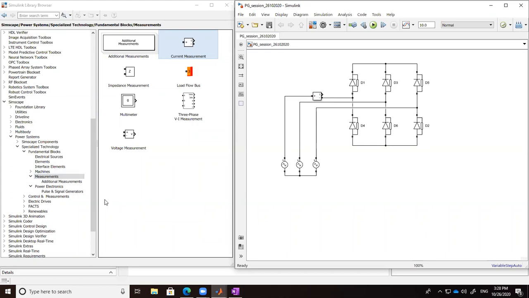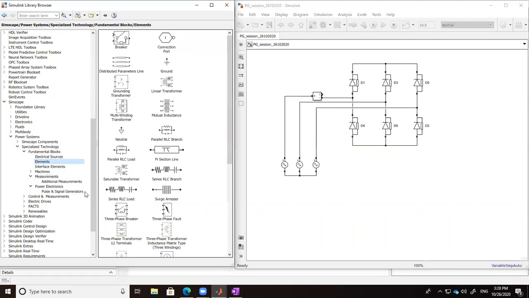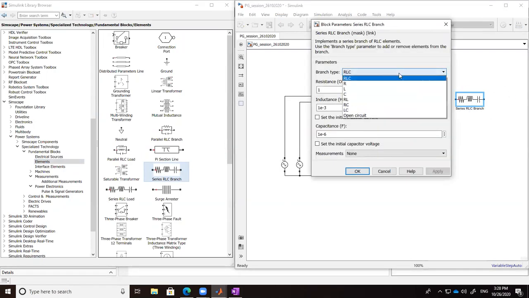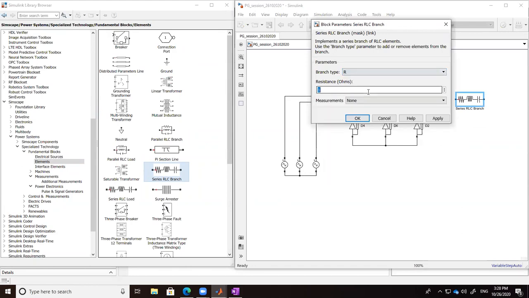So for resistive load, I need to go to elements. In elements, select series RLC branch. Bring the series RLC branch here. Okay. And make it R. And then I will say 100.